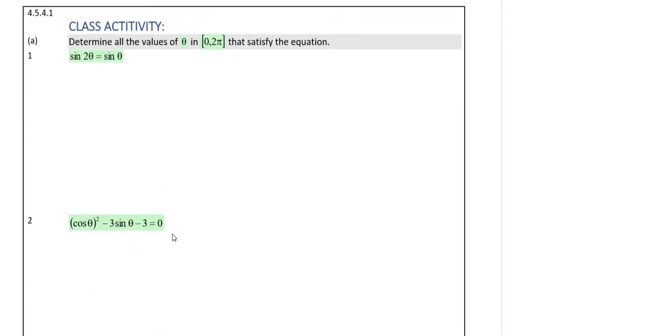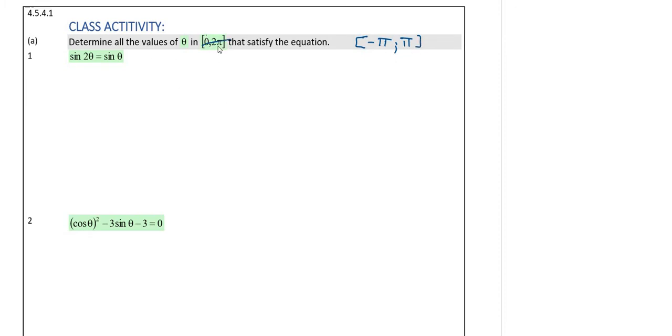Right, so let us just do the 2 here together. Okay, so let us change this now to minus pi and pi, for instance.